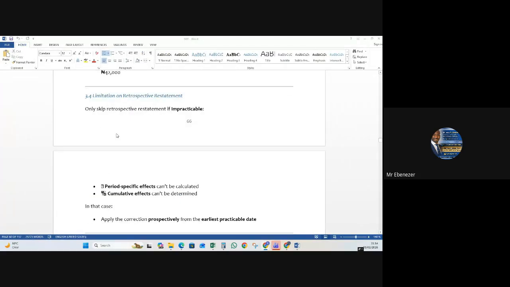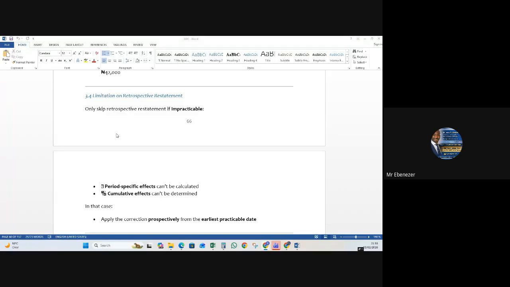Limitation of retrospective treatment. Not all items can be treated retrospectively. So what can you treat retrospectively? The first is that you have to skip retrospective restatement if it is impracticable.